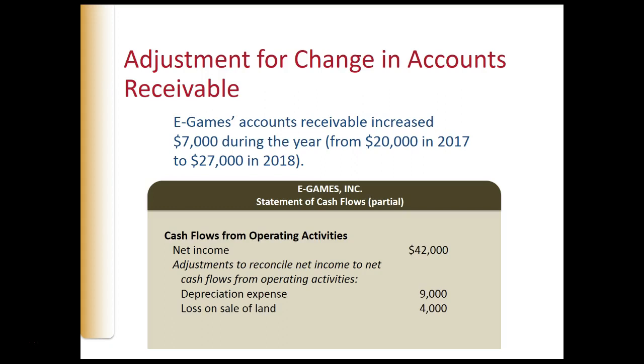Therefore, to adjust net income, the accrual basis, to operating cash flows, which is a cash basis, we need to eliminate that $7,000 from net income, as shown in this slide.